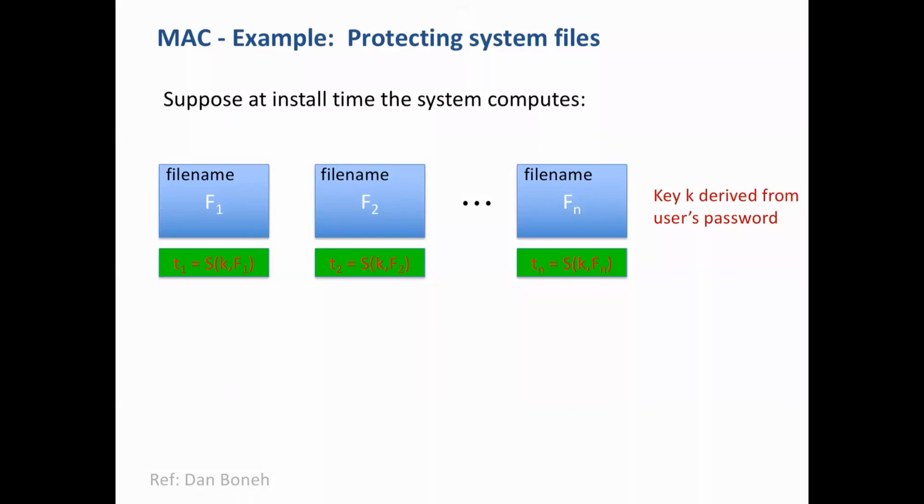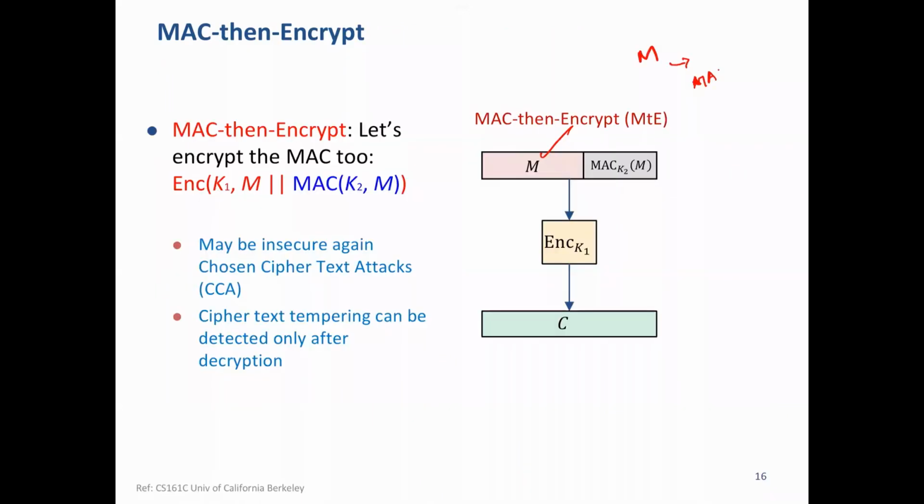All right. So one example of MAC is that we can protect system files. You have a laptop, you have files, and these are all system files, I mean, files that are used by the OS. Now you cannot do this for all.